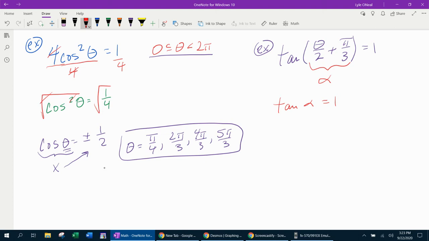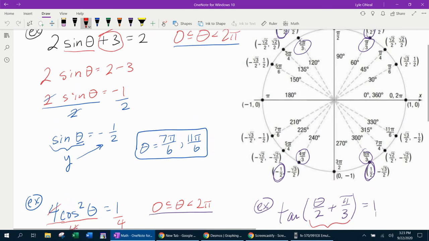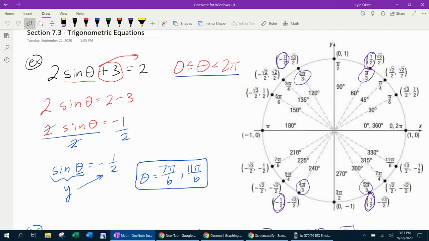Remember in the unit circle, the formula for tangent is y over x, and in order for that to be equal to 1, the x and the y have to be identical. So what angles in the unit circle have identical x and y coordinates?